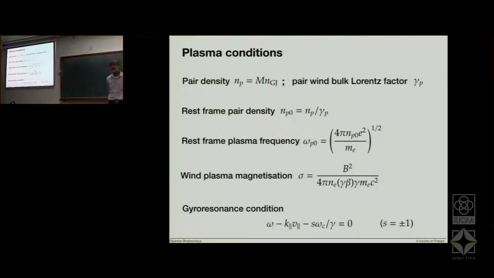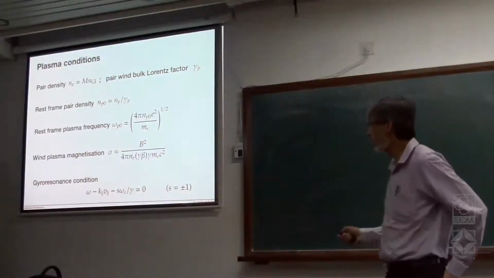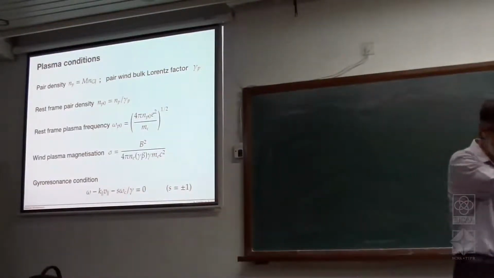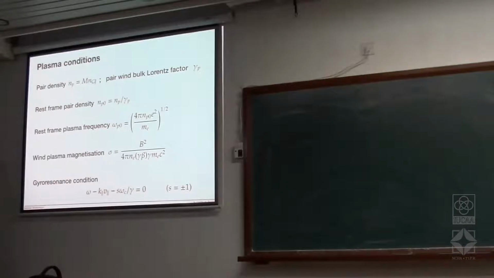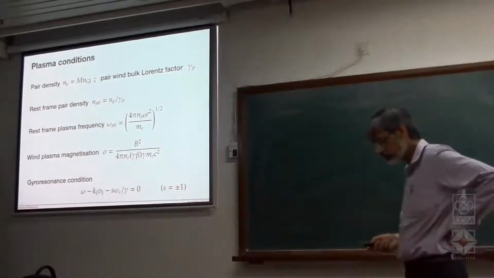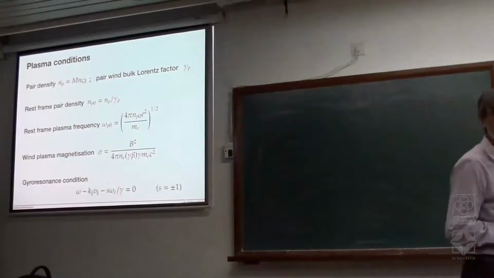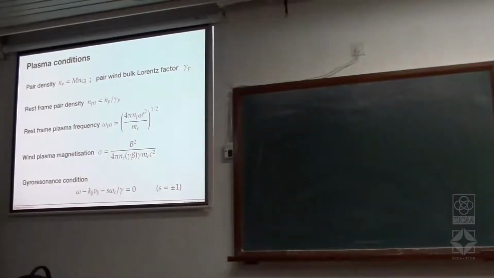Okay. Any other questions? All right. So I will then leave this now. This was a compendium of various physical processes as well as plasma conditions that we described. Now, as far as models of radiation in pulsar magnetospheres are concerned, I will start with high energy radiation.